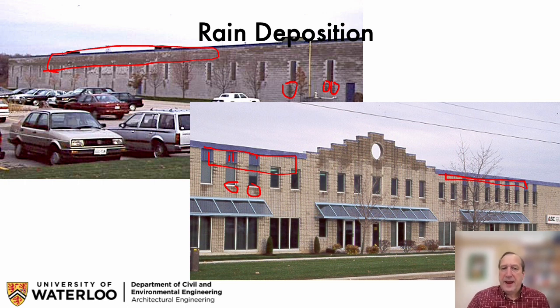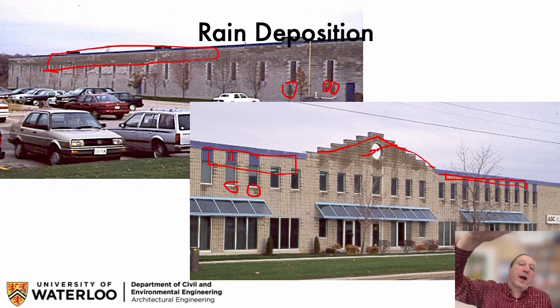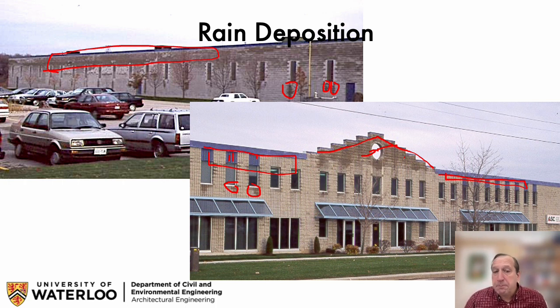But what really stands out is the fact that this parapet here, the triangular parapet, sticks out into the wind, and in fact they even have a hole in it to encourage wind to go through, and that just concentrates rainwater that would normally be going up and over the building and landing on the roof, and now it's saturating, and you can see that this parapet is going to be exposed to some pretty extreme, let's call it much higher, rain deposition than the rest of the building.